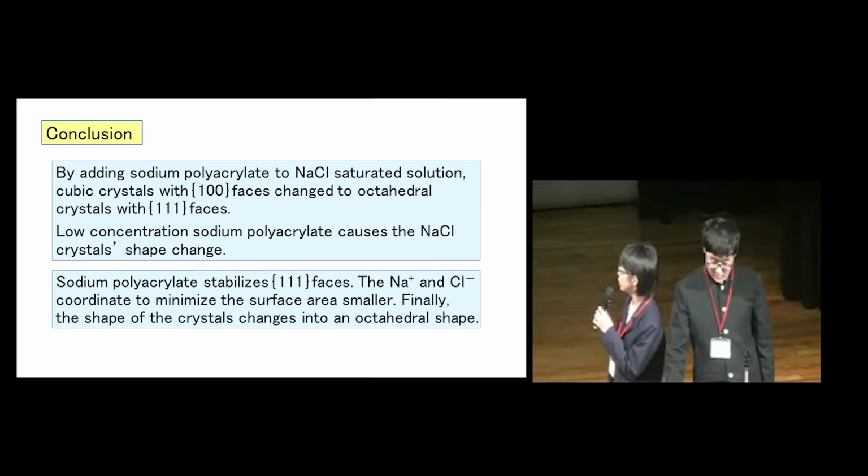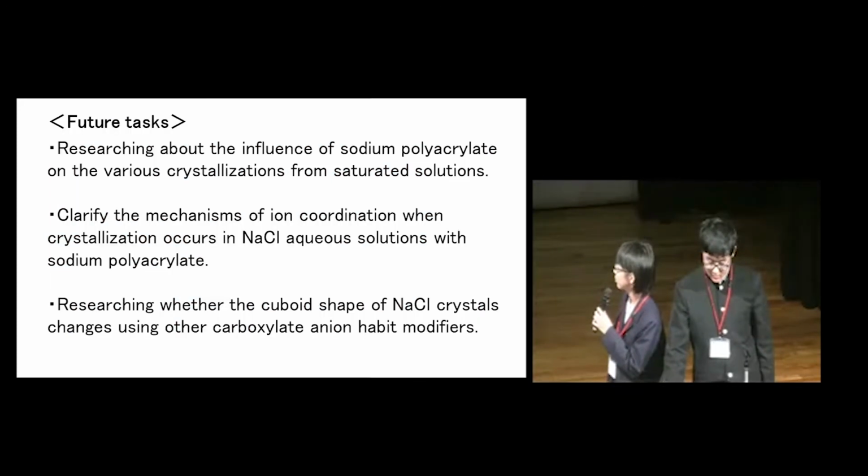Also, low concentration sodium polyacrylate causes the NaCl crystal shape change. These are future tasks. We are going to research whether the cuboid shape of NaCl crystals changes using other carboxylate anion habit modifiers.